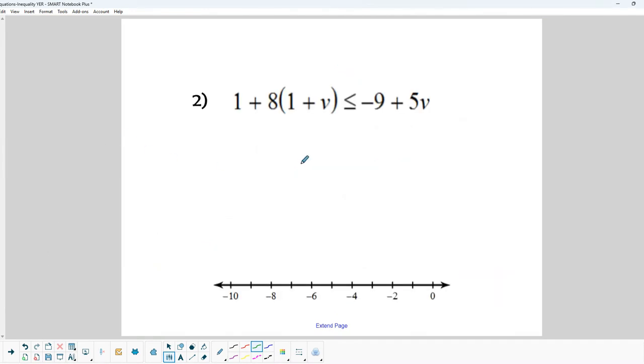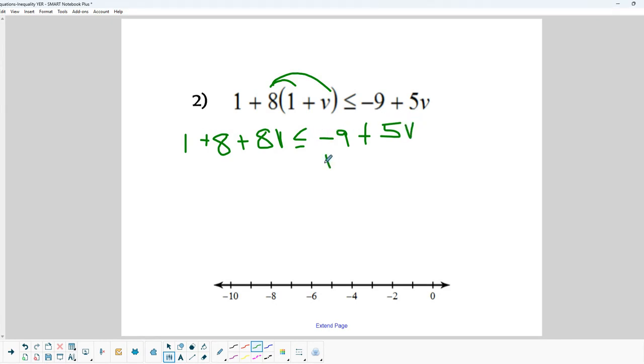Let's try this one. 1 plus 8 times 1 plus v is less than or equal to negative 9 plus 5v. So 8 times 1 is 8, so plus 8. And then 8 times v is 8v, is less than or equal to negative 9 plus 5v.